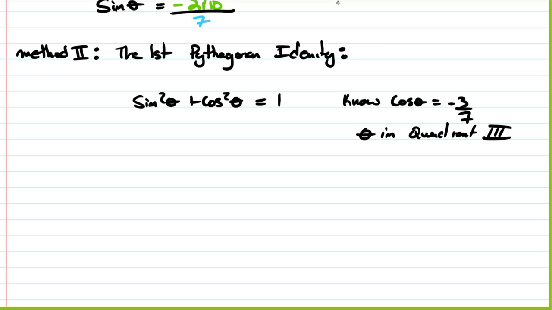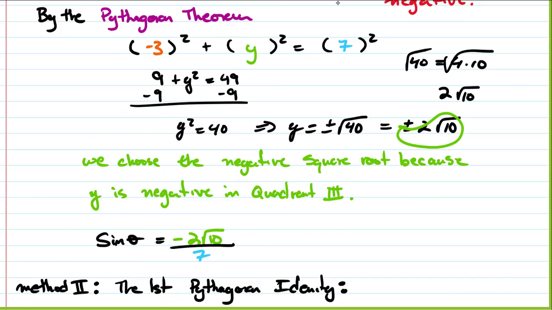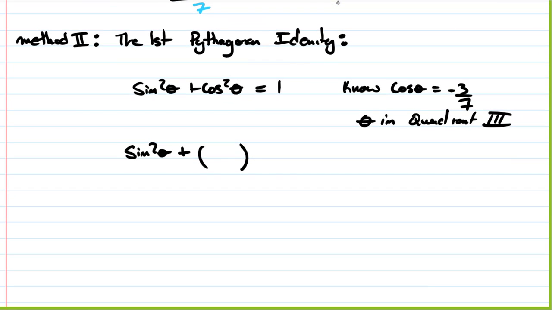So then that would give us sine squared theta plus our cosine squared theta, negative 3/7 squared, is equal to 1.